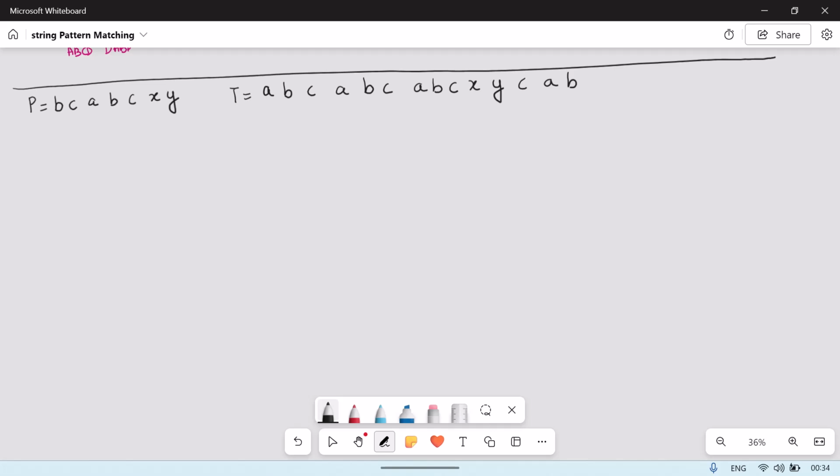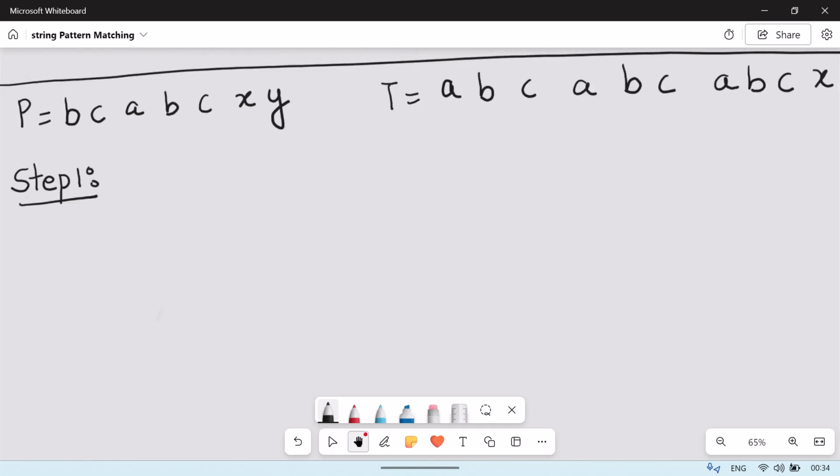So A, B, C, A, B, C, A, B, C, X, Y, C, A, B. Now let us do step 1. Step 1, finding the LPS values. Remember? Finding the LPS value.